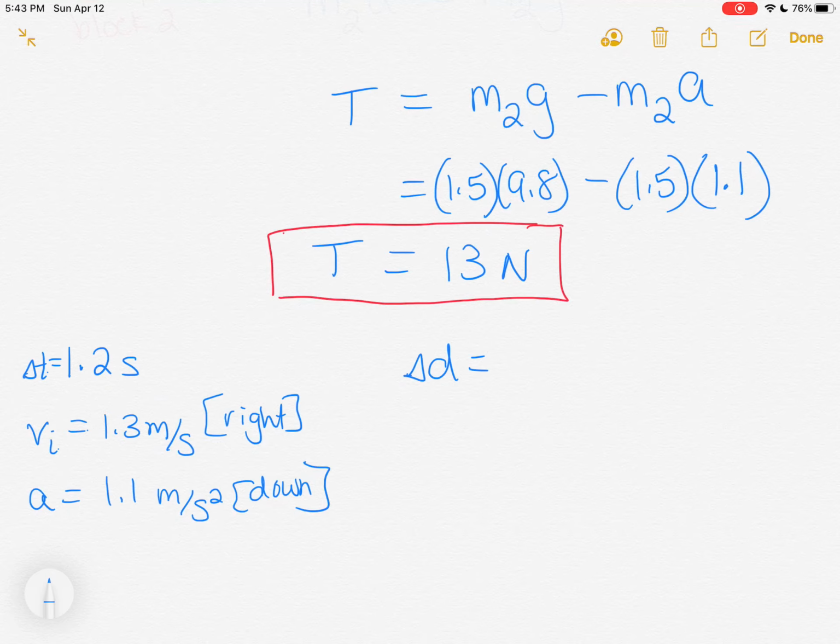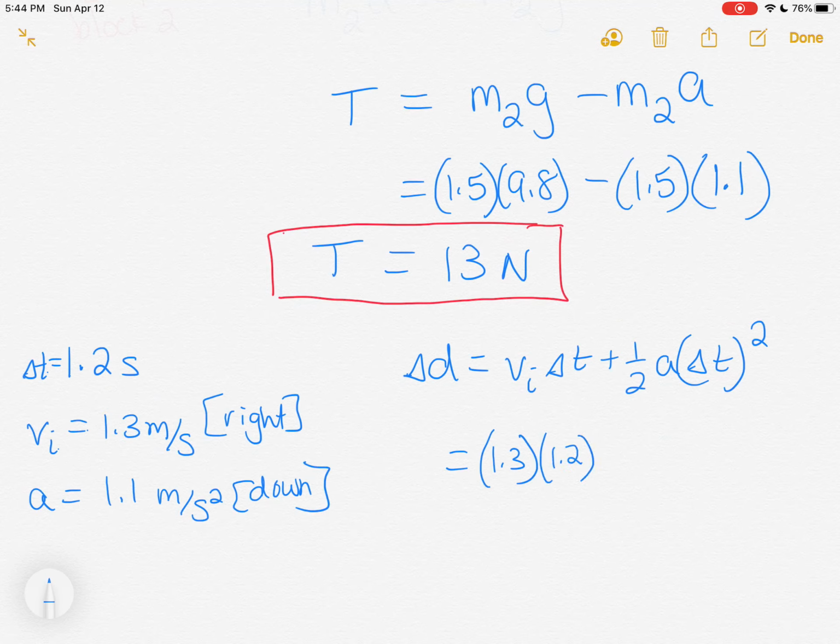And so we're just going to use a kinematic equation for this. So we have time, we have VI, and we have acceleration. We're looking for displacement. So I think we're going to use that kinematic equation. Delta D is equal to VI delta T plus 1/2 A delta T squared. So we're just going to sub into our kinematic equation here. So we've got our 1.3 meters per second.